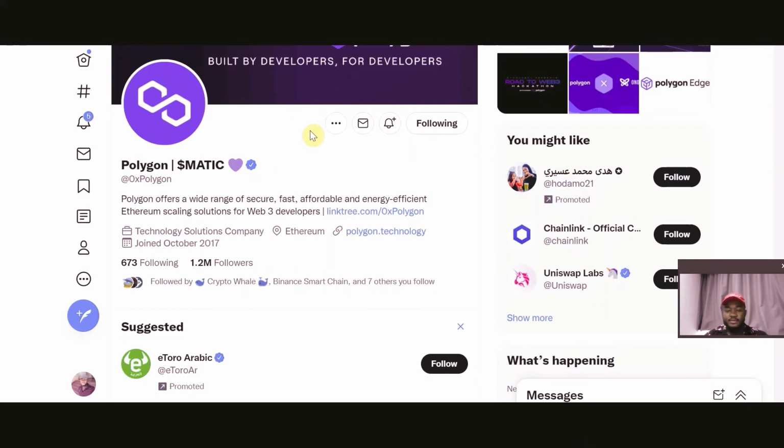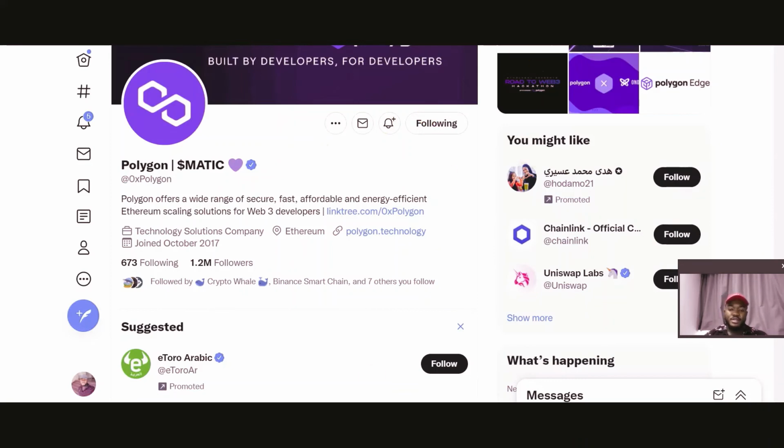So any token you are holding, you follow them and see the latest trend. If something bad happens to the token and they announce it, you go and sell. But if they have a new trend, you keep holding your token so that you will know when the price will move up or come down.